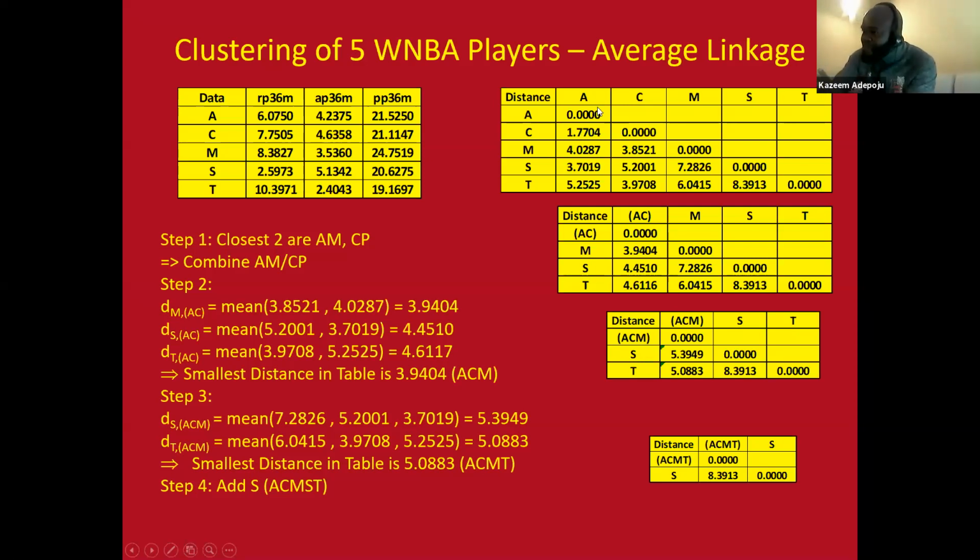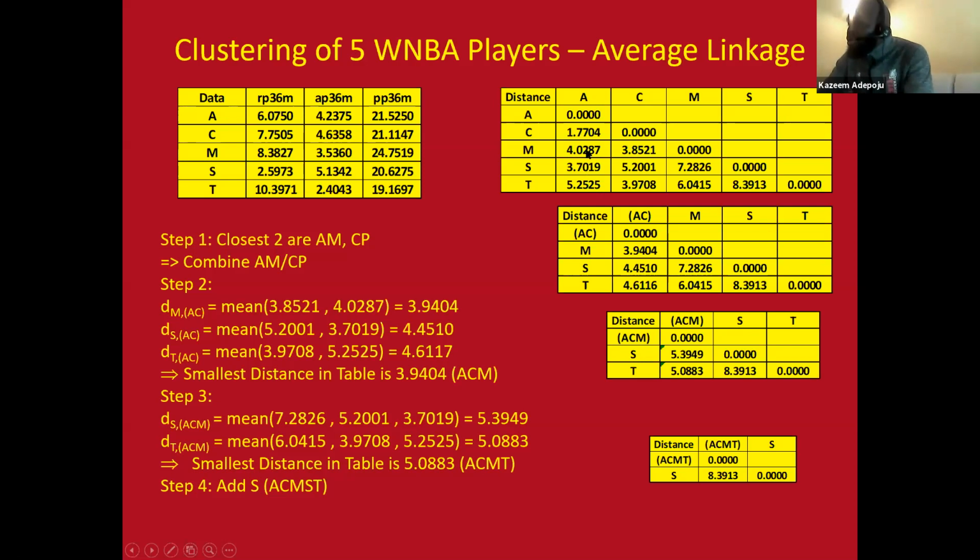In the case of average linkage, I'm actually going to match A and C. If I want to match A and C, how do I decide on the elements here? I'm not going to use the minimum, I'm not going to use the maximum, but I'm actually going to use the average.